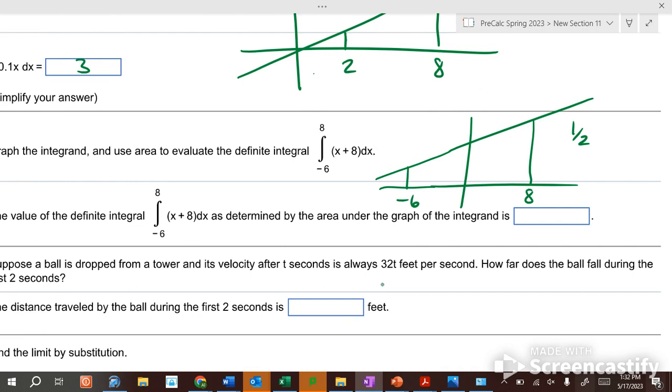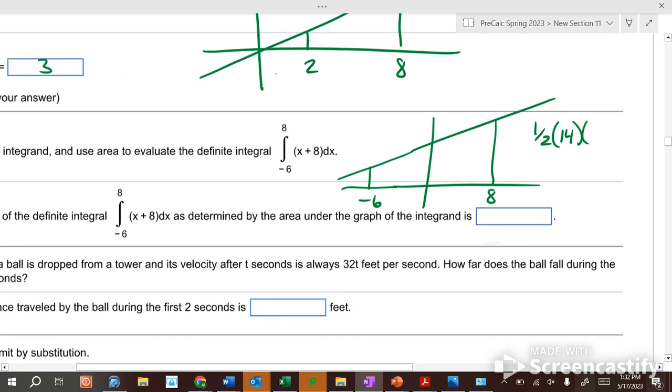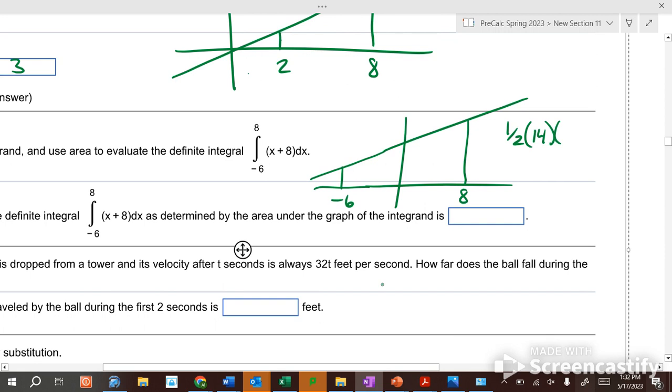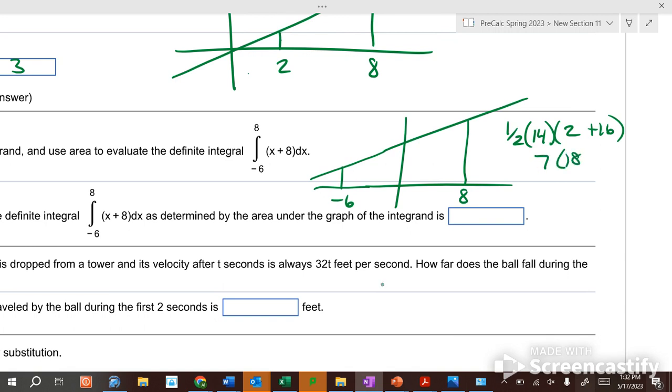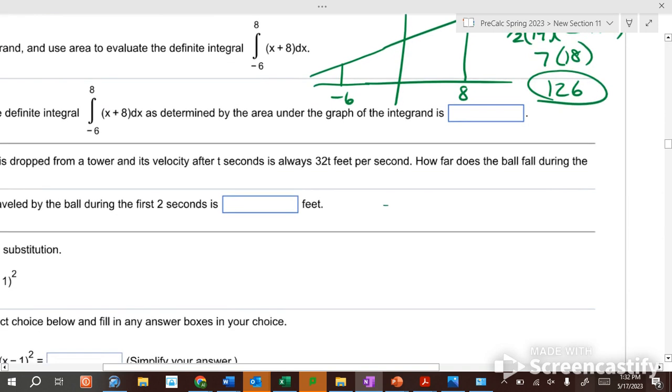How far is it between -6 and 8? 14 times the bases. Well, -6 plus 8 is 2. 8 plus 8 is 16. So 7 times 18 is 6, carry the 5, 126. Okay.